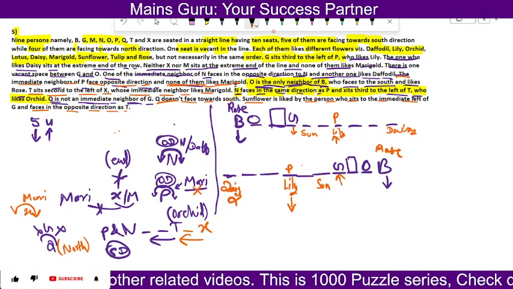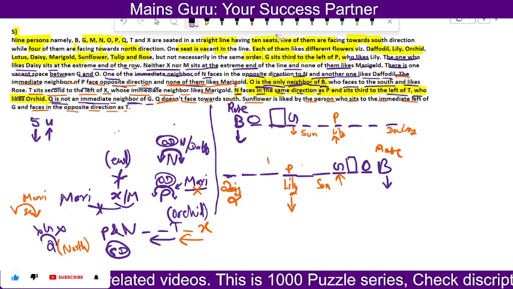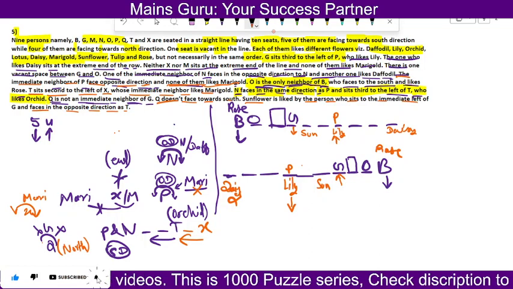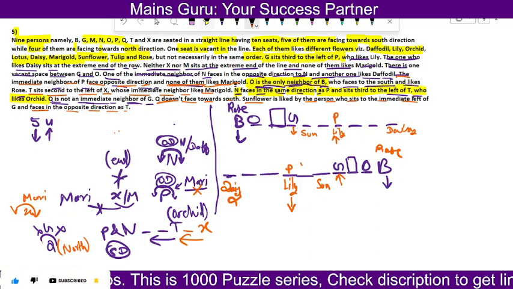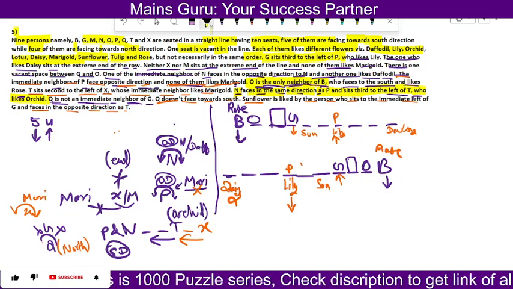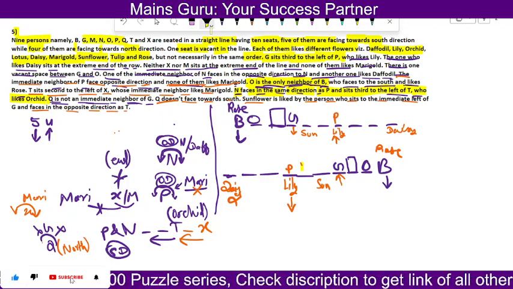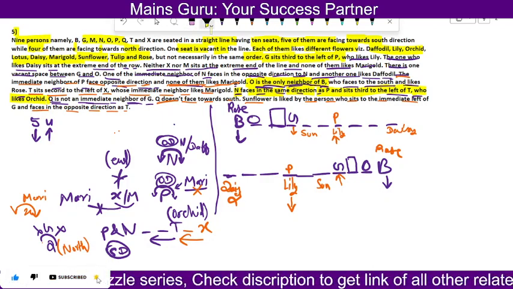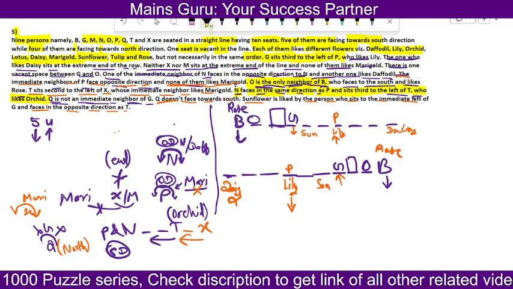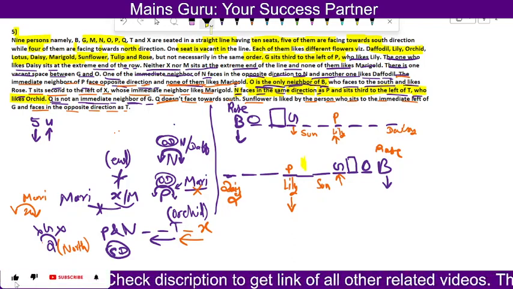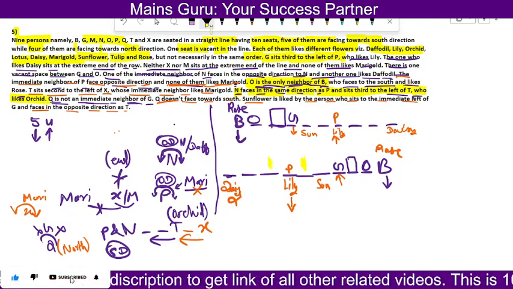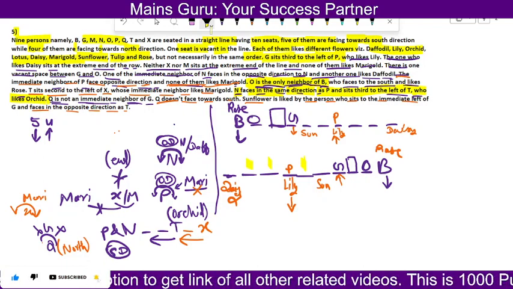Now if I write T here, we have checked here. One by one we'll check all the places. Now if I write T here, is it possible? This is possible because if I put T here, then X will come here and N will come here.